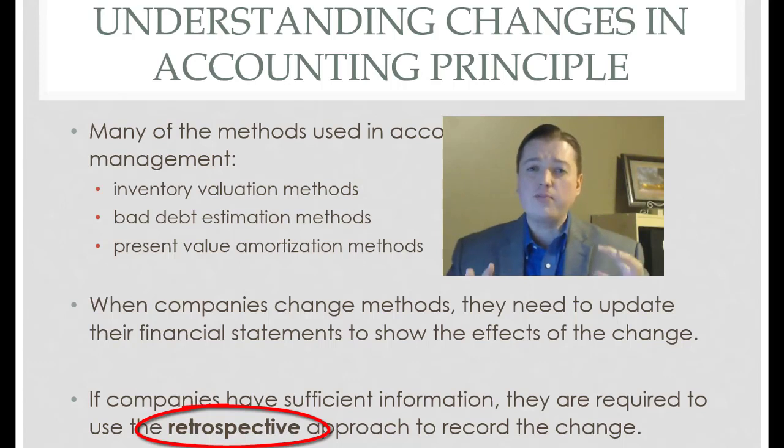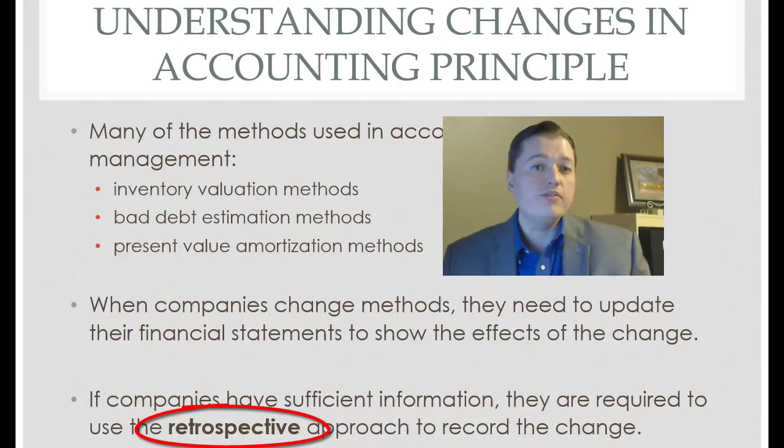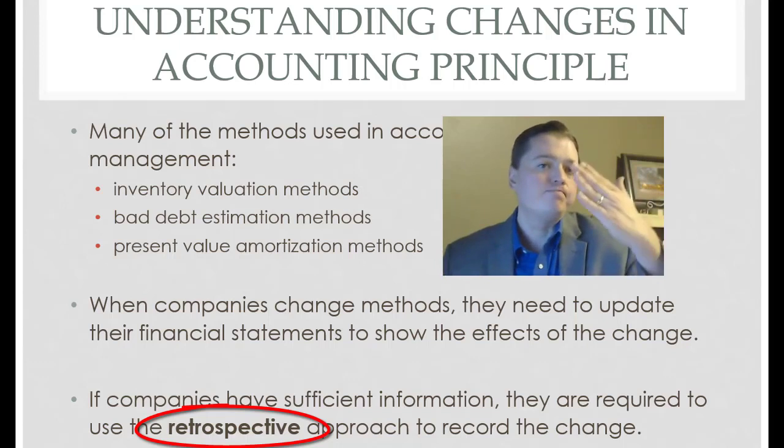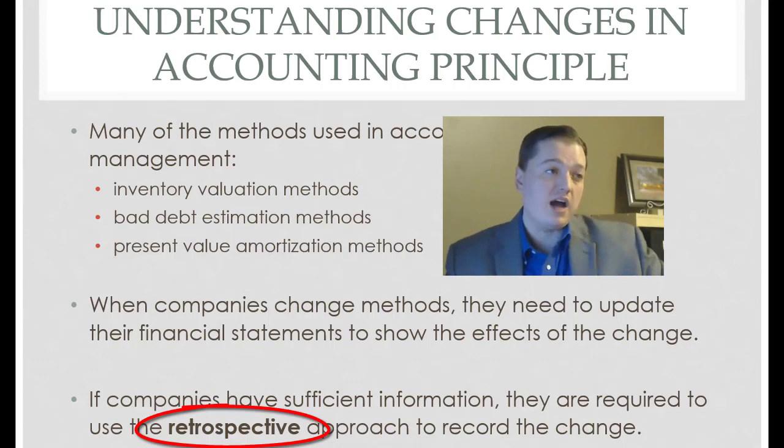And that retrospective approach means you go back as far as you can with the records that you have, and you fix everything moving forward, as if you'd used that new method from the very beginning. You change it all.